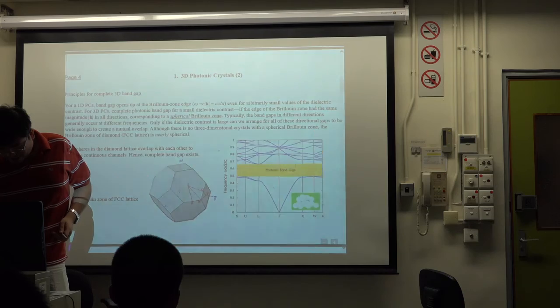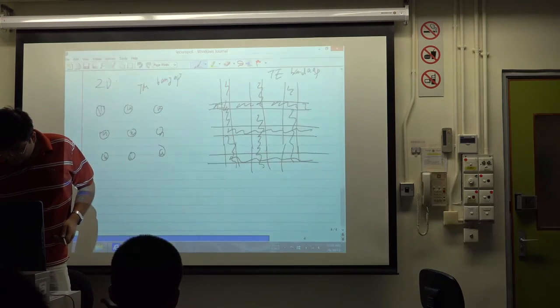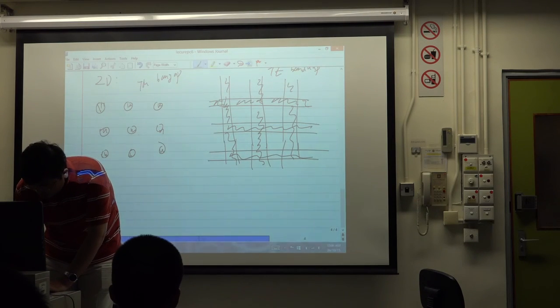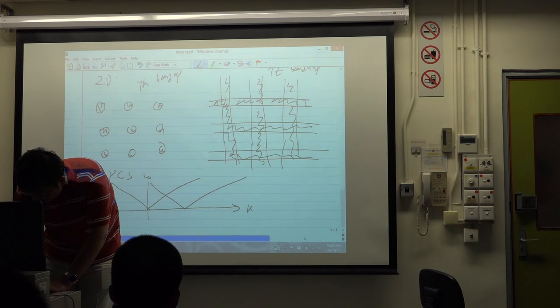I draw this picture many times because for 1D photonic crystal, everyone should know that this is K, this is omega, this is the dispersion relation. I do the periodic expansion. So it opens up here. Here we call it the Bragg plane, right?